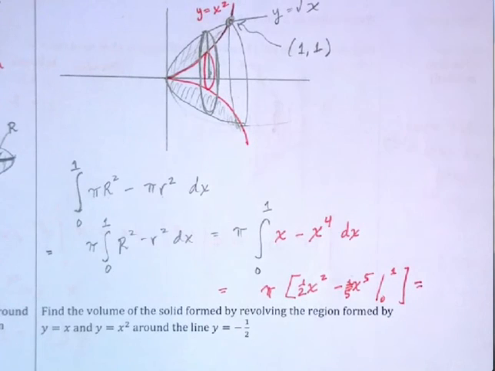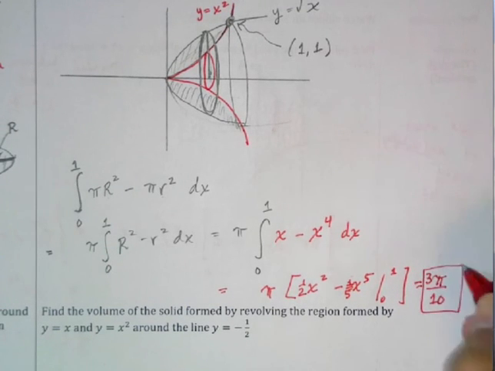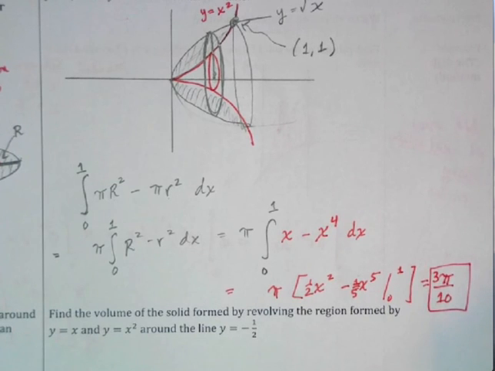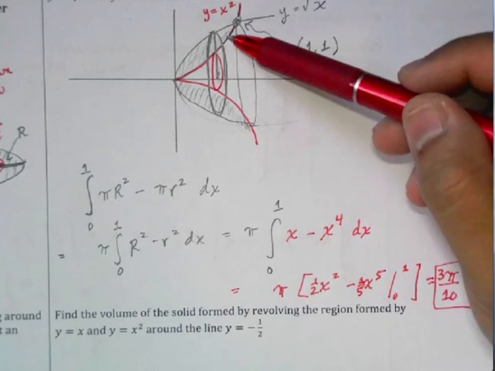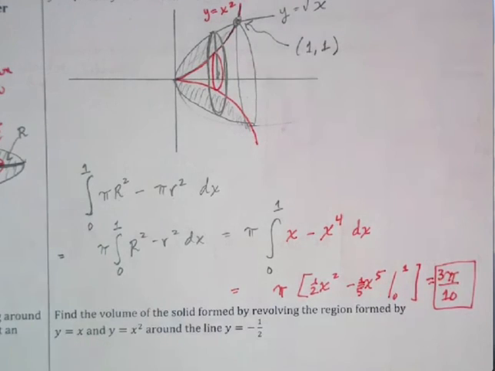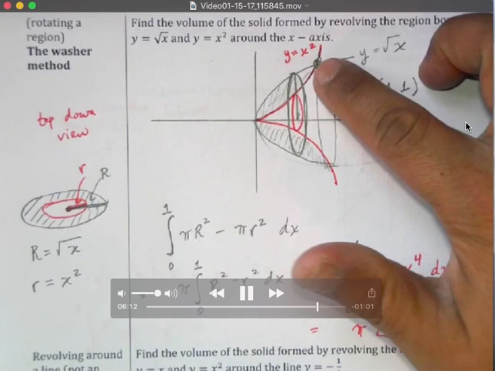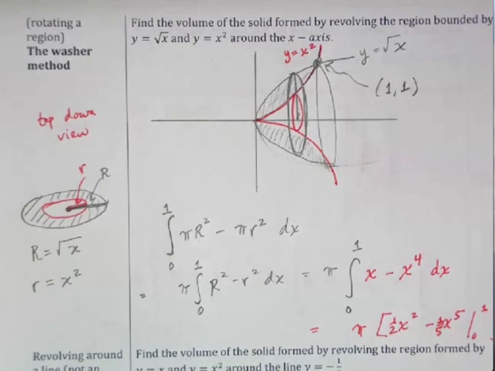So you have pi times 1/2 minus 1/5. So it's 5/10 minus 2/10, so that'll give you 3/10 times pi.